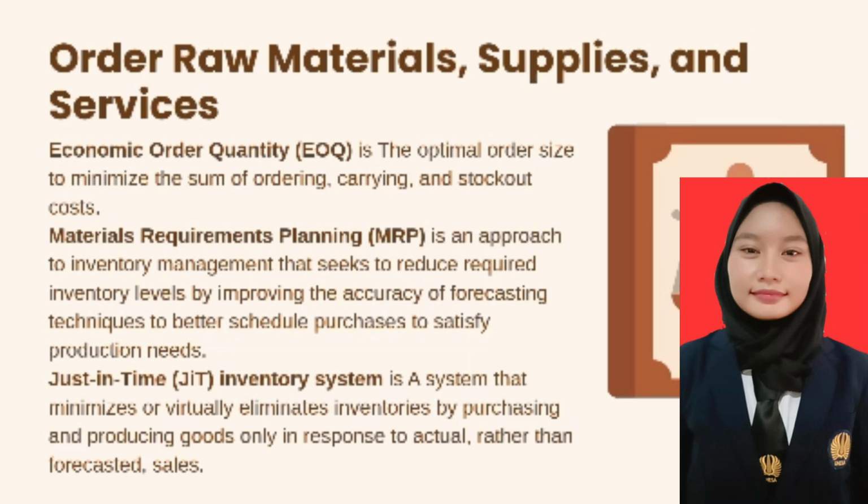Materials Requirements Planning, or MRP, is an approach to inventory management that seeks to reduce required inventory levels by improving the accuracy of forecasting techniques to better schedule purchases to satisfy production needs. Just-in-time, or JIT, inventory system minimizes or virtually eliminates inventories by purchasing and producing goods only in response to actual rather than forecast sales.